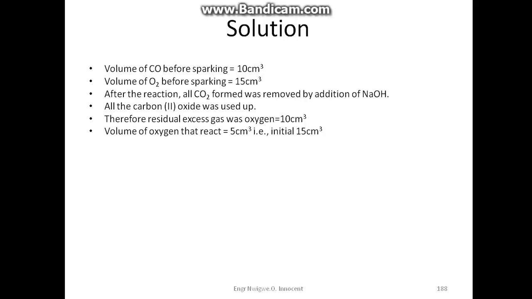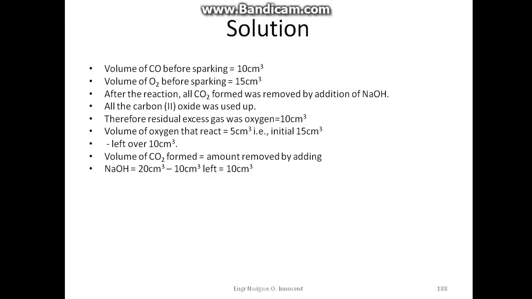That is initially 15 cm³ minus 10 cm³ left over. Volume of carbon(IV) oxide formed equals the amount removed by adding sodium hydroxide, which is 20 cm³ minus 10 cm³ left, which gives us 10 cm³. An excess of oxygen has been used to ensure that all the carbon reacted.